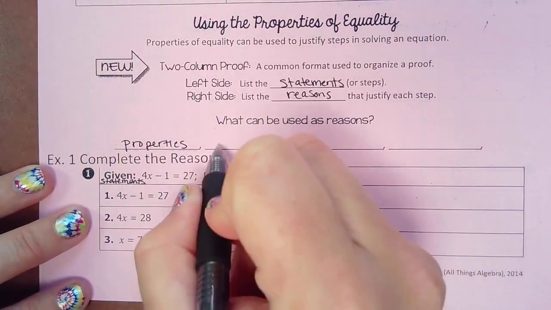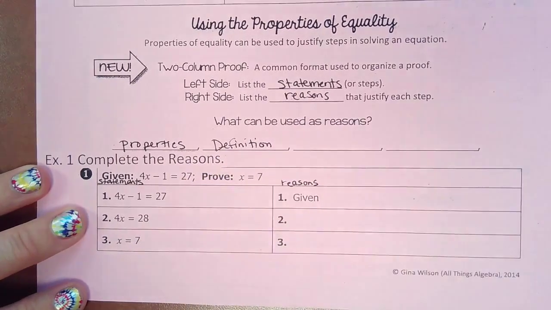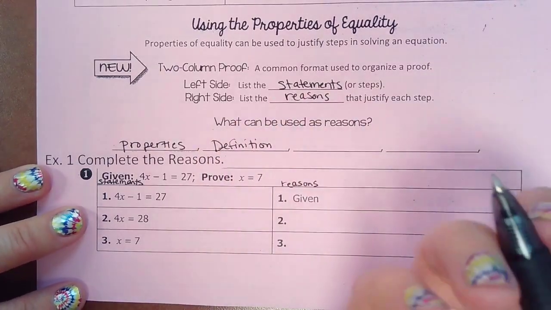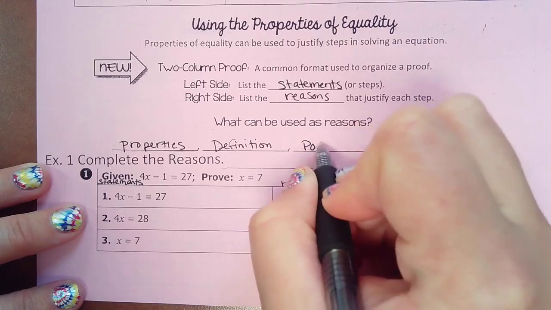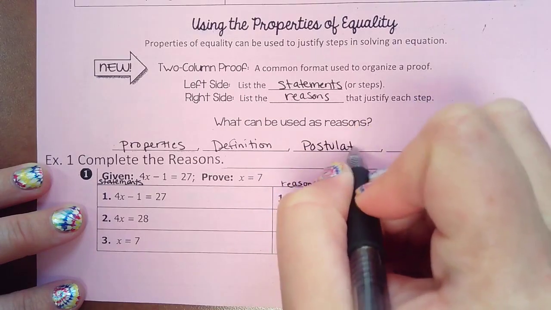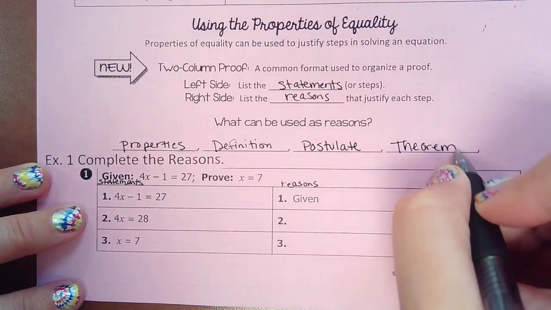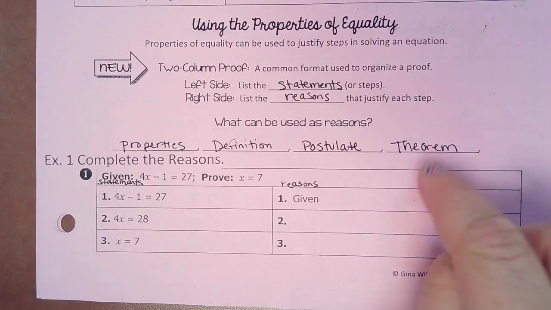We can use a definition. It's like saying something is 90 degrees. Well, if it was perpendicular, then definition of perpendicular. Postulate and a theorem. So remember we did angle addition theorem and segment addition theorem already?